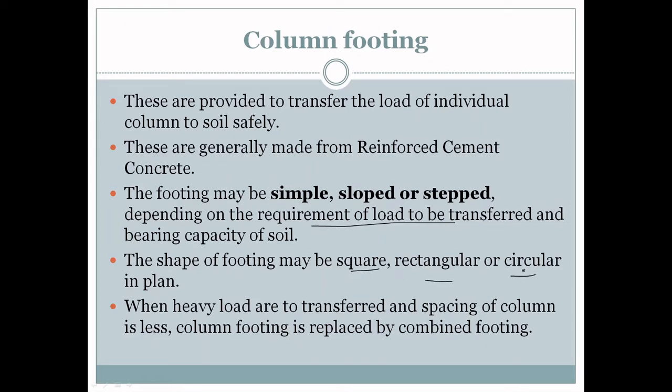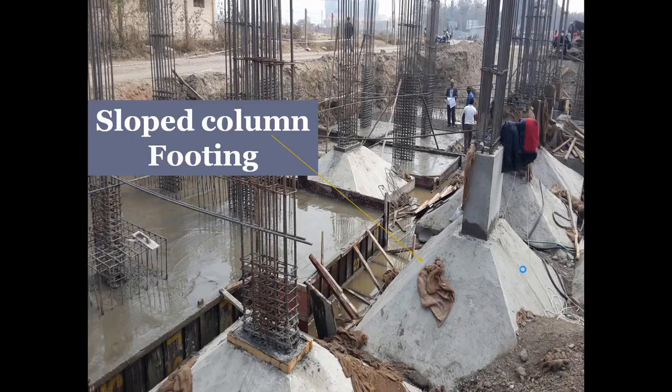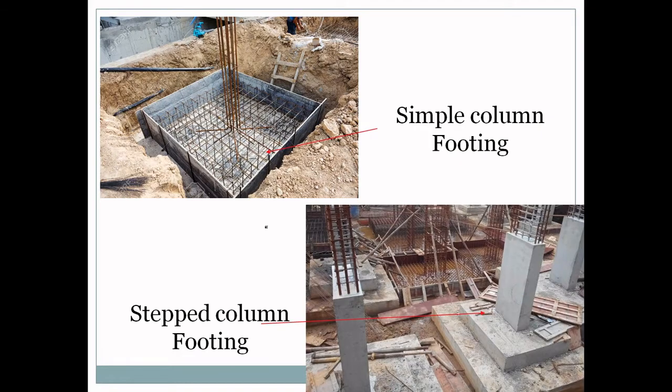When a heavy load has to be transferred and the spacing of columns is less, column footing is replaced by combined footing. This is the image of a sloped column footing. You can see in this image there is some slope provided. Next, this is an image of a simple column footing and this is for a stepped column footing.